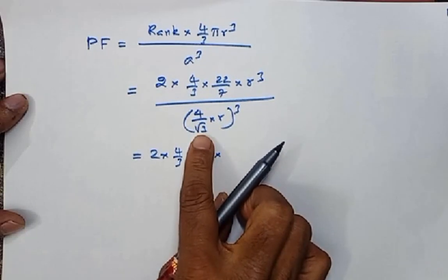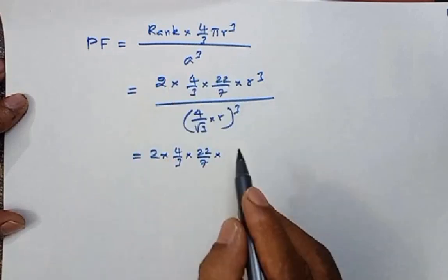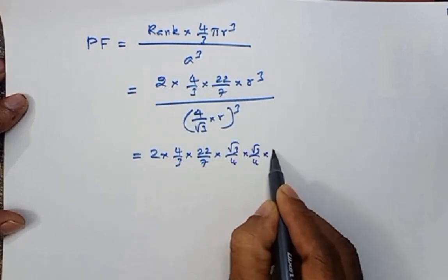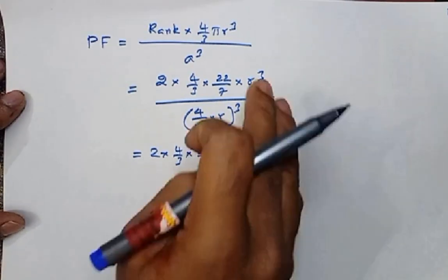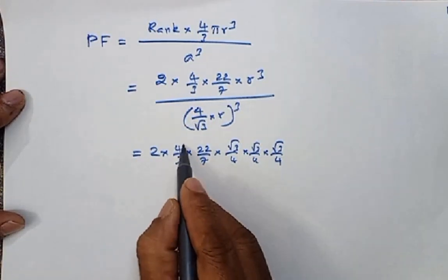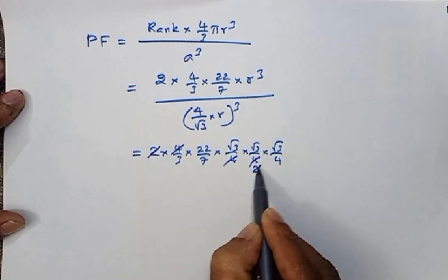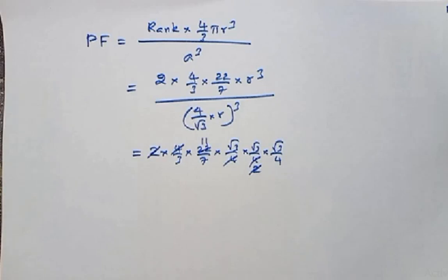We get 4 by root 3 whole cube. If we bring it to multiplication, we will get root 3 by 4 into root 3 by 4 into root 3 by 4. Because we have cube here, I just bring it to multiplication. This 4 and this 4 you can cancel. 2 ones are 2, 2 twos are 4, we can cancel. So the remaining things you have to multiply.